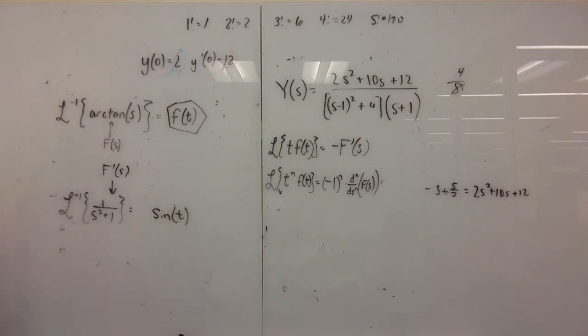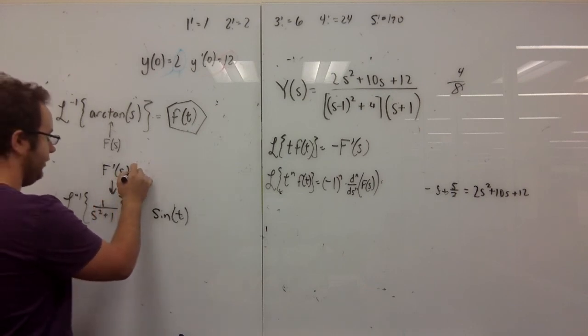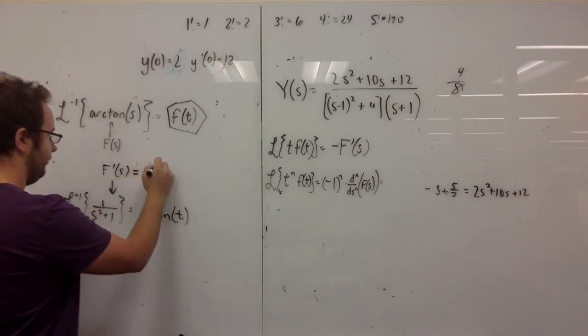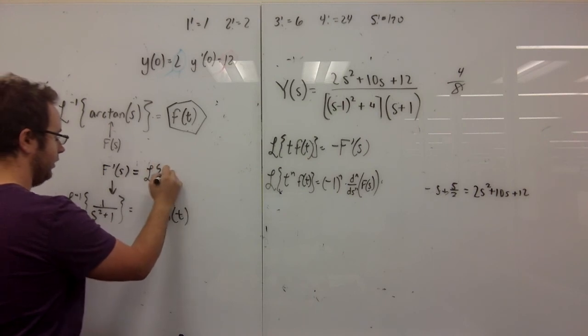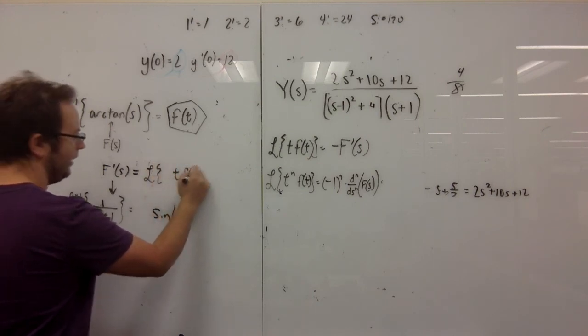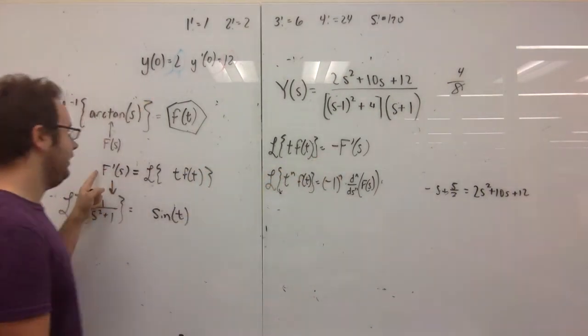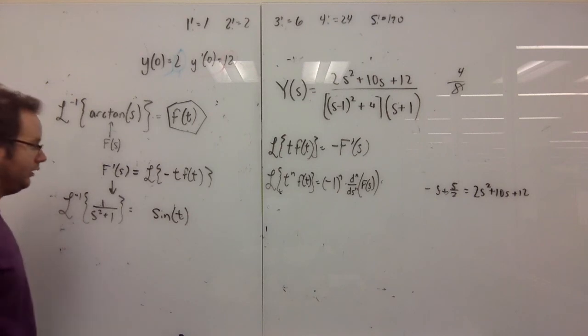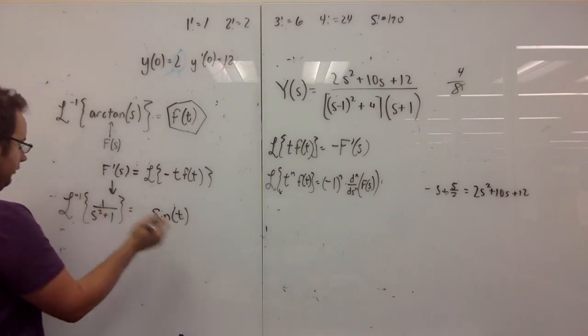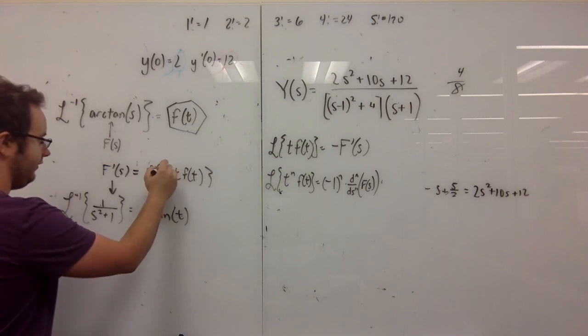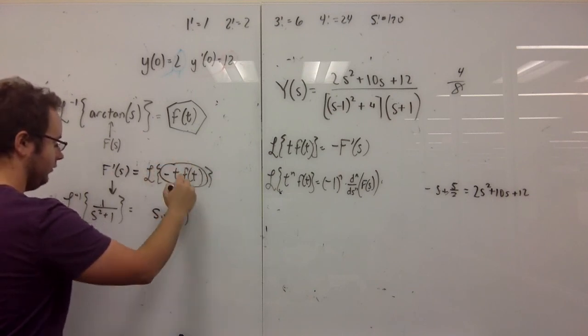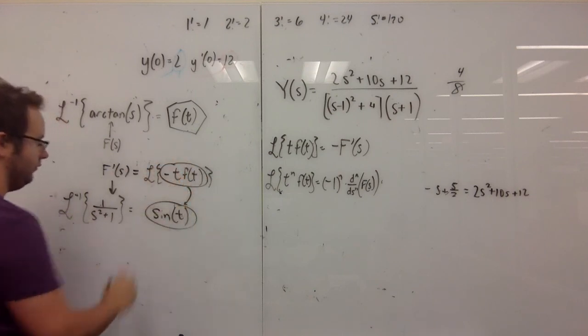Now, because this is F prime of s, this is also equal to the Laplace transform of t f of t. Now really, the Laplace transform of t f of t produces a negative. So because there's not a negative here, there must be a negative here, right? So this guy matches this guy.